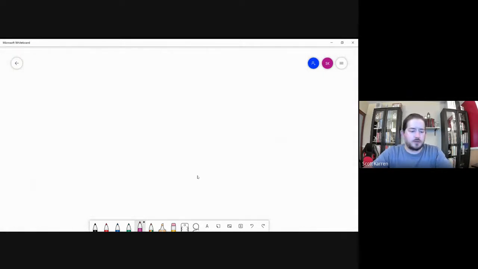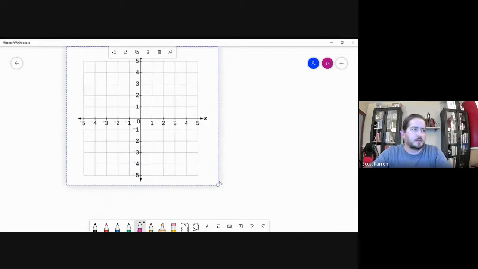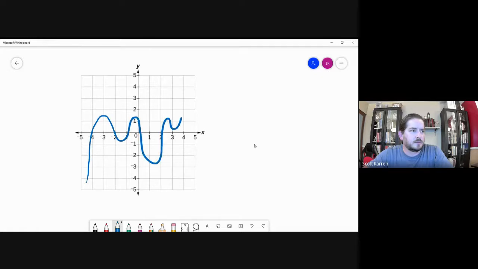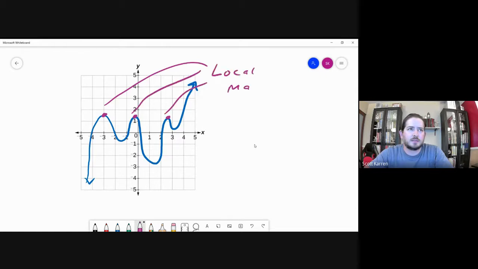Let me grab that graph again, maybe make it big. That might be too big. I don't know, it doesn't matter. But if I have a graph that looks like this, there we go. Then I have a lot of local maxima. There's a maximum, there's a maximum, there's a local maximum. These together are the local maxima.